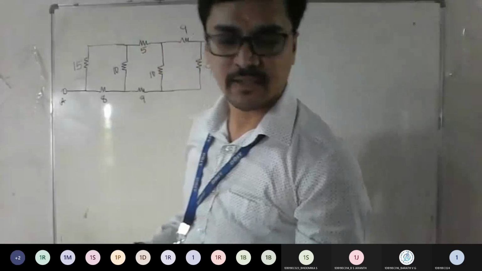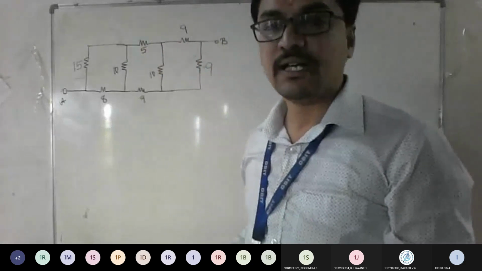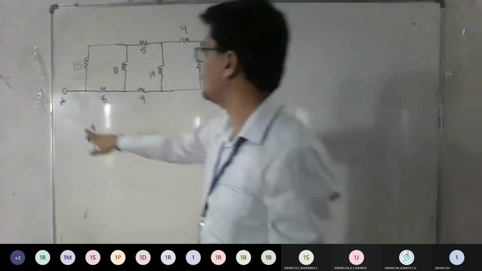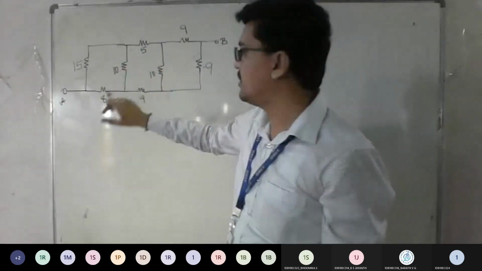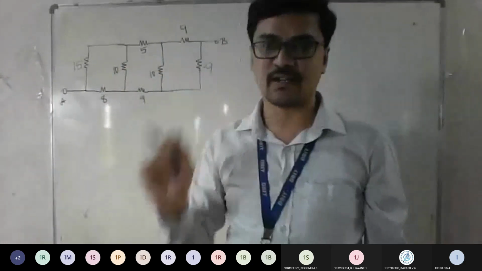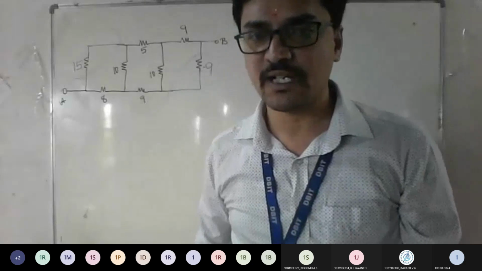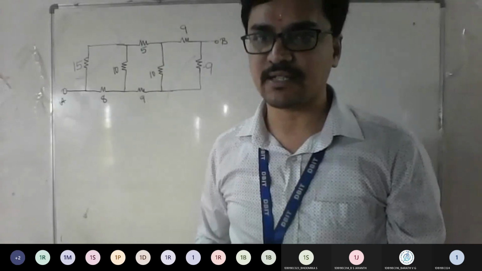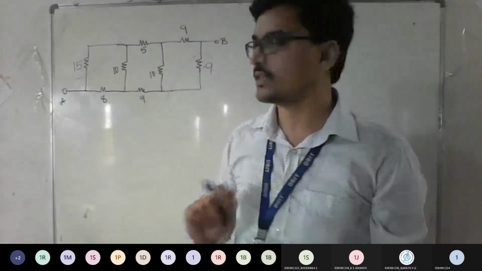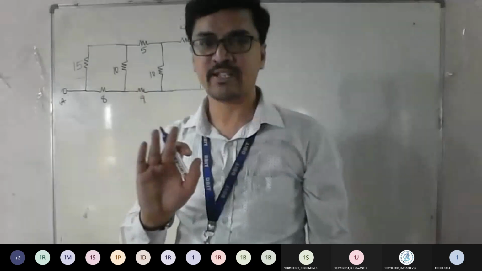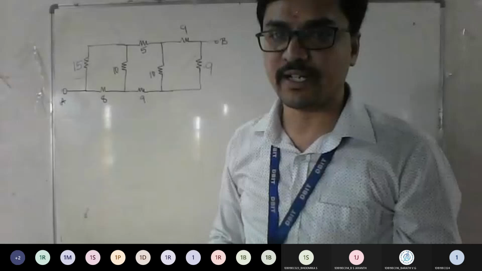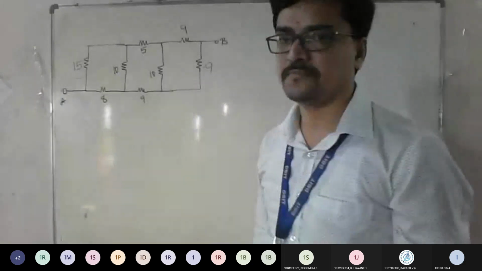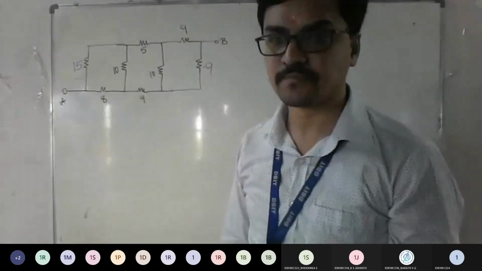So now what they've asked, you need to find the equivalent resistance between A and B. So any number of complex meshes are there, reduce everything to a single resistor using a combination of your star delta or delta star conversion. That is the question. Okay, now first elimination is done. So circuit also written, good. Now next procedure, what can be done?